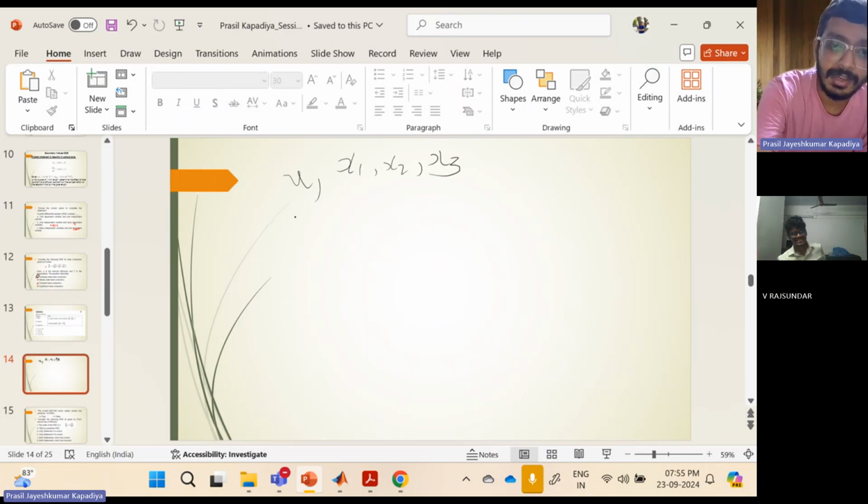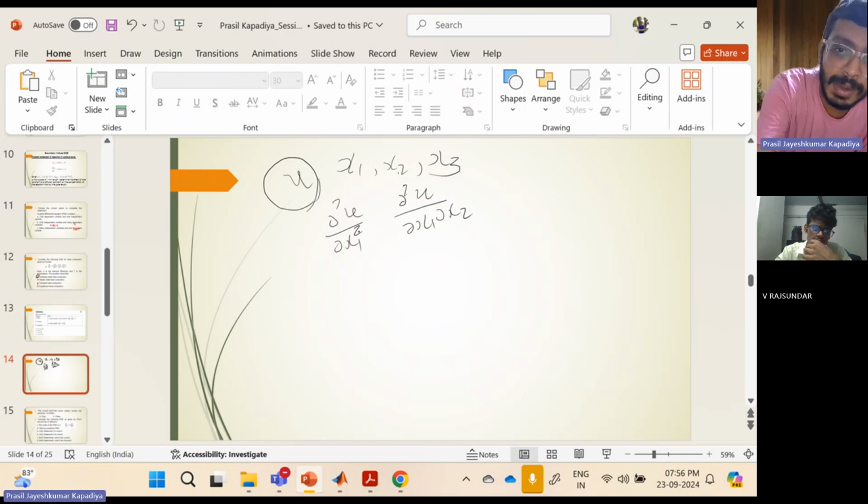So let's say you are having U and U is varying with x1, x2 and x3. So what kind of terms can you have? You can have del square U by del x1 square, del square U by del x1 del x2, del square U by del x1 del x3. This is my first row.